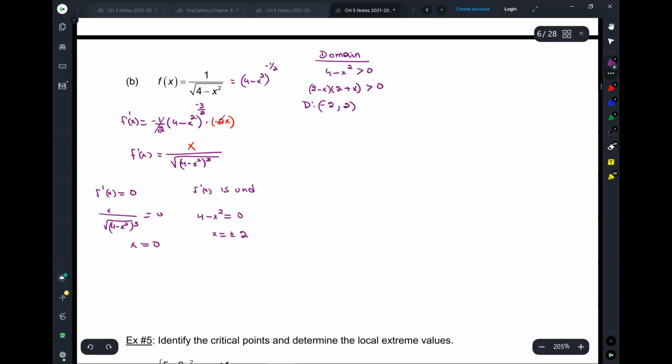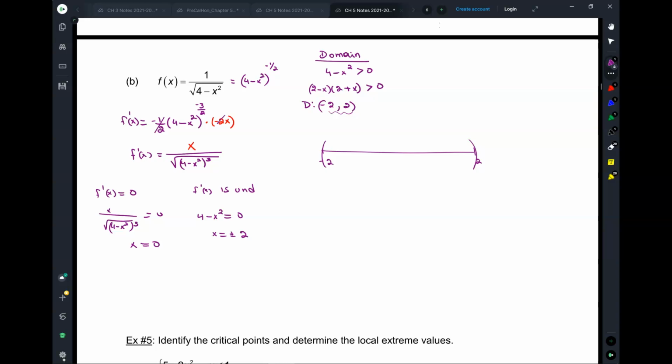I got my domain. Let's do a number line. The number line should represent the domain. Your domain goes from -2 to 2. So this is -2 to 2. But it doesn't include -2 and 2, so I like to put those parentheses just so I know.